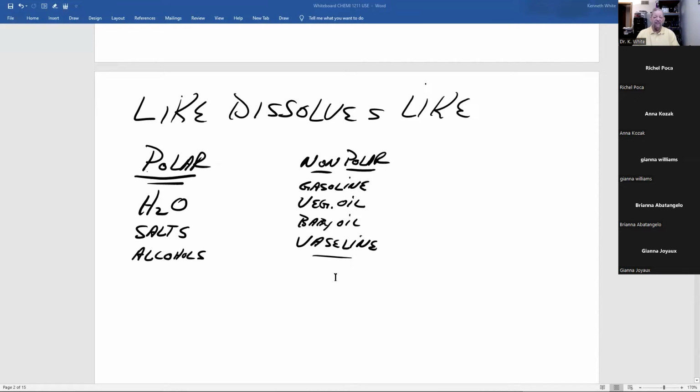Now, years ago, I had a very smart Chem 1211 student. After I taught that, the student asked, does that mean if I take vegetable oil and Vaseline, it will mix together because like dissolves like?